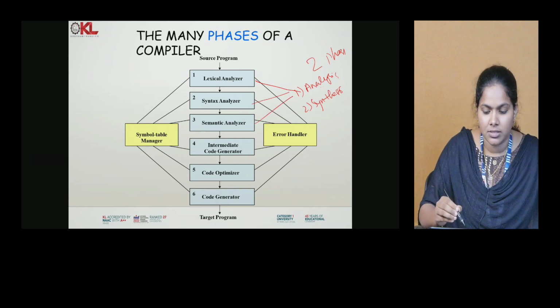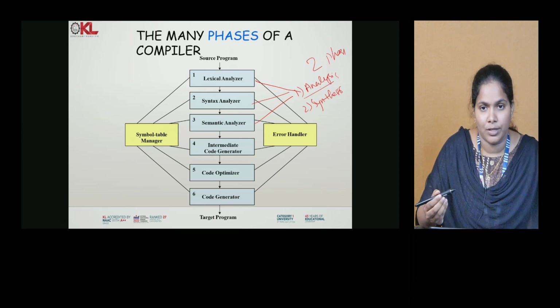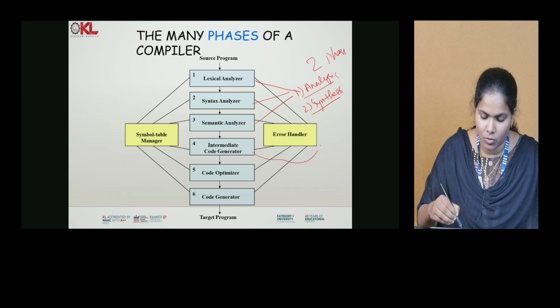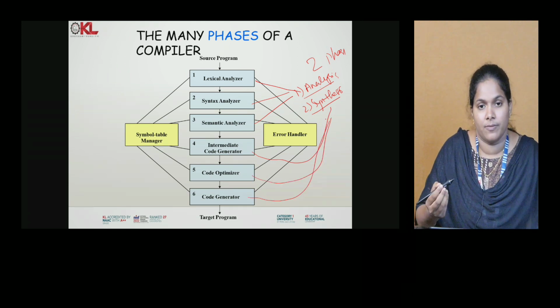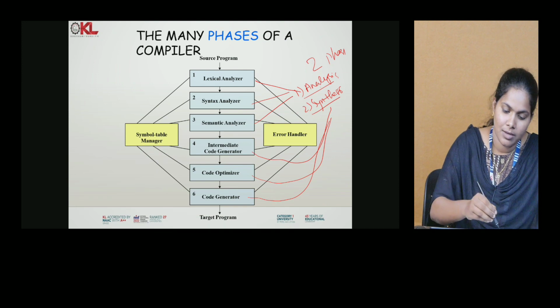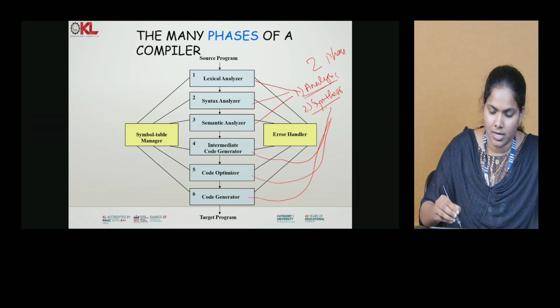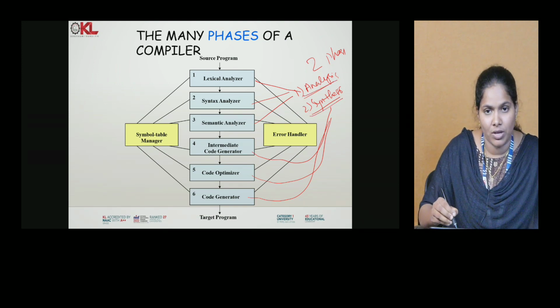In the synthesis phase we have intermediate code generation, code optimization and code generation. So these three come under the analysis phase and these three come under the synthesis phase.